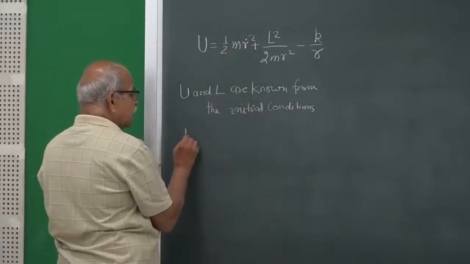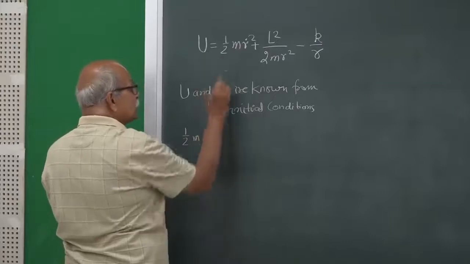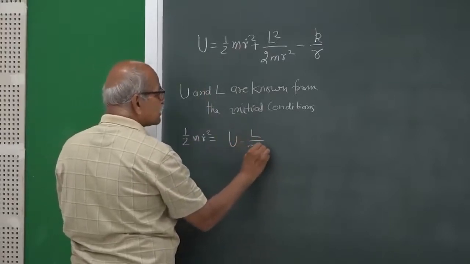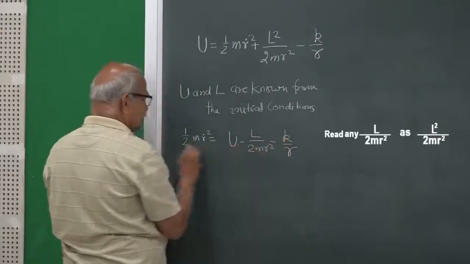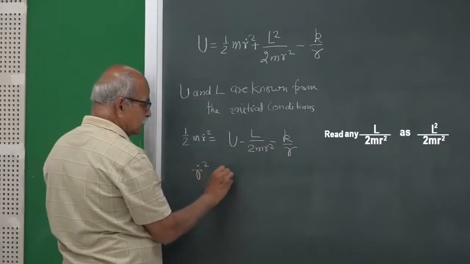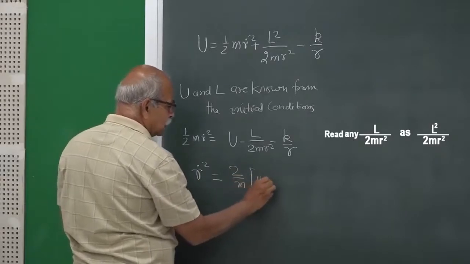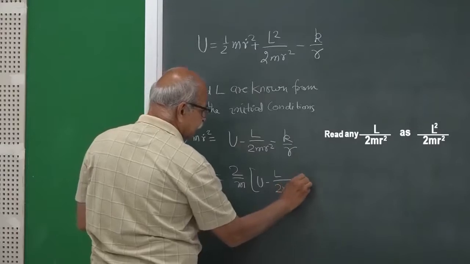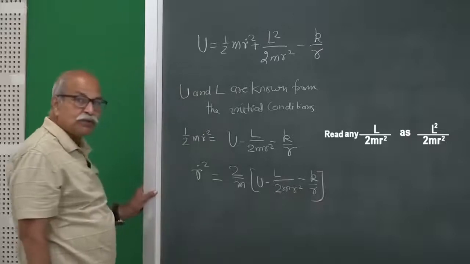write this as half m r dot square is equal to U minus L square by 2 m r square and minus k by r, multiply by 2 by m. So, r dot square is equal to 2 by m and then U minus L square by 2 m r square and minus k by r, and take a square root on both sides.